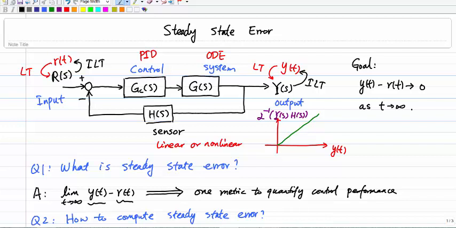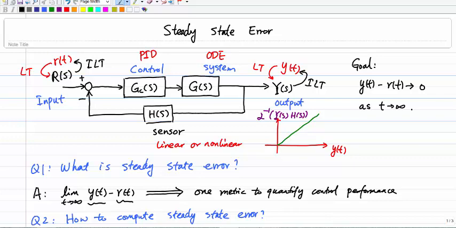What is the final error between y sub t and r sub t? This can be considered as one metric to quantify the control performance, which means if we apply our control algorithm, eventually what's the difference between the output and input? That's one metric to quantify the control performance. Later on we'll talk about some other metrics as well.